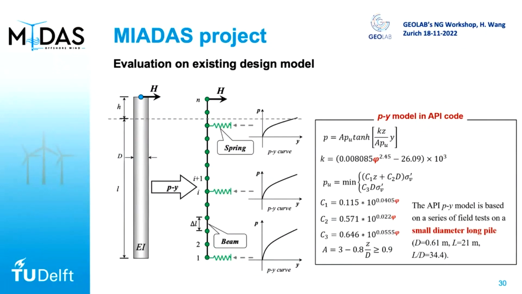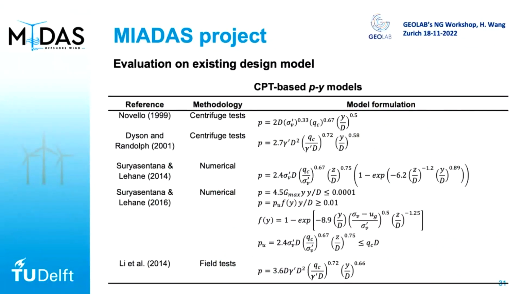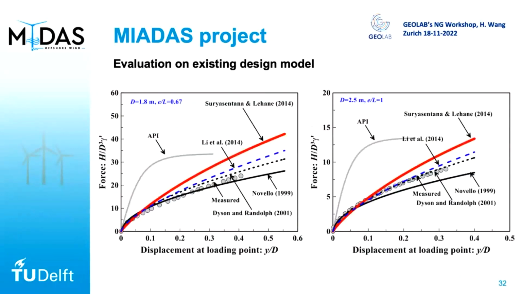And there is already some equation in the design guidelines, but people already question, like, those models seem not working when they really do the design. And there's also a lot of models which use the measurements from the field to develop these so-called CPT-based design models. And what we did is, okay, we just evaluate how accurate these models are.